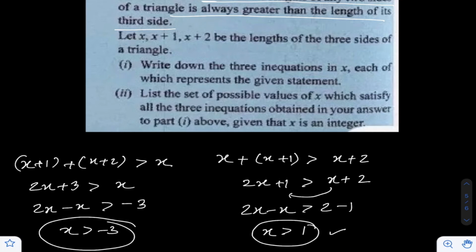So this is another option. We have one more option. If we take the first side and the last side, their sum will be more than x plus 1. So that also can be done. You can do it yourself.